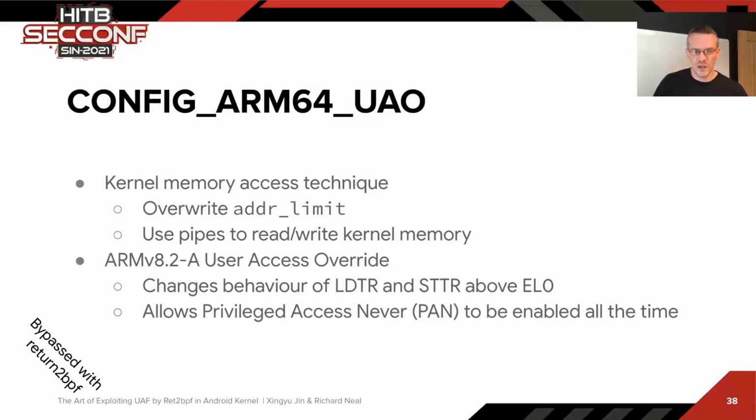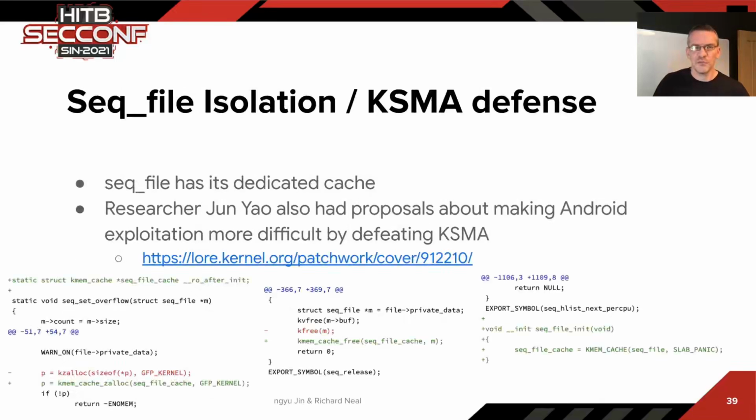From the explanation of the exploitation process earlier, you may remember the seek file structure was used to help. Overlapping eventfd context and seek file allows Xingyu to use the seek file structure's seek operation member as the eventfd context structure's count member, and therefore leak kernel memory addresses.